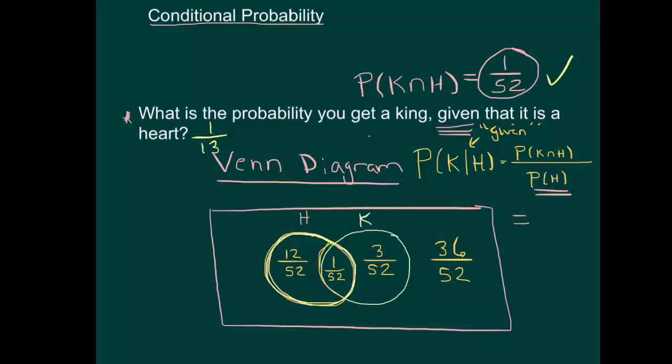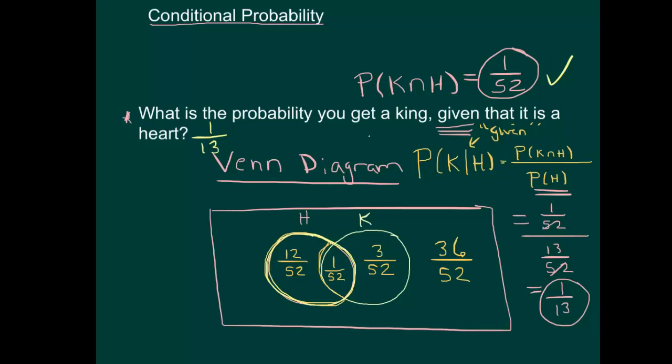The probability of getting the king and a heart is 1 out of 52. The probability of getting a heart is, everything in that circle, 13 out of 52. And what you see is that those 52s cancel, and you get 1 out of 13. Okay, so that's conditional probability.